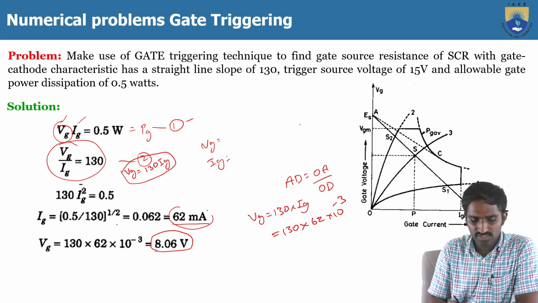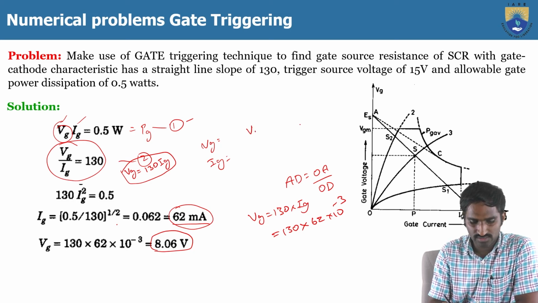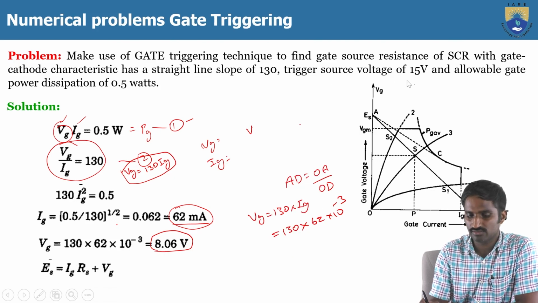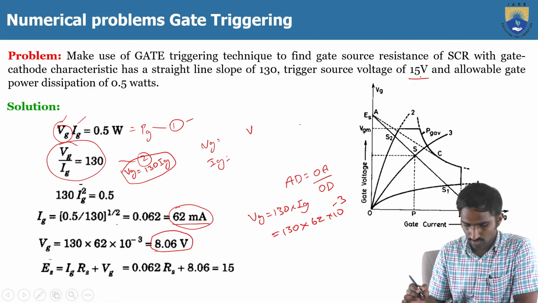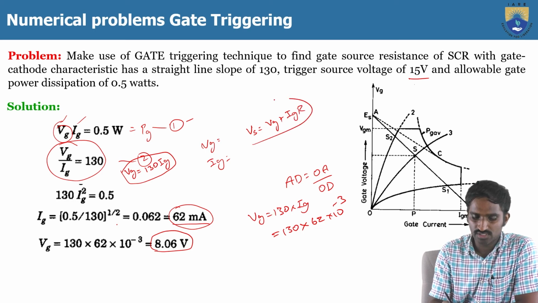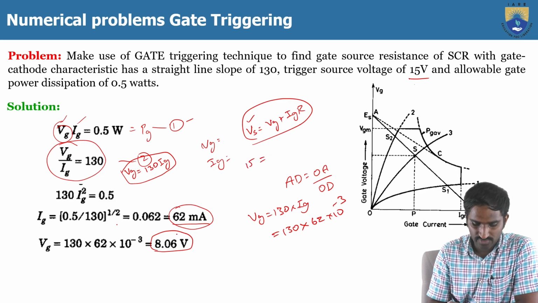Now you have Vg and Ig, and you know the standard equation, because the trigger source voltage is also given. Vs is equal to Vg plus Ig into R. Vs is equal to 15 volts, and Vg is equal to 8.06 plus Ig, 62 into 10 to the power of minus 3, into R.